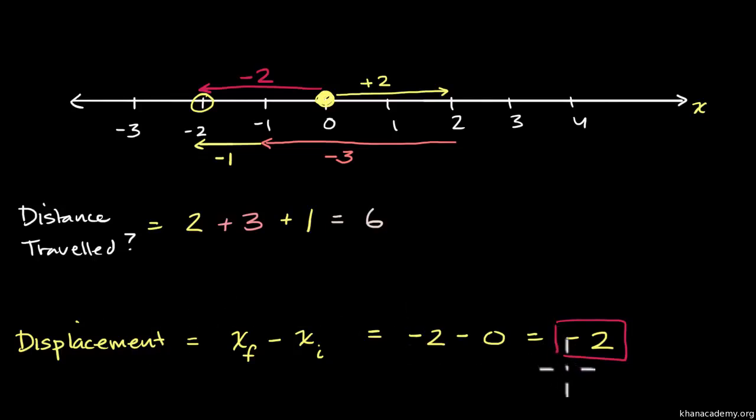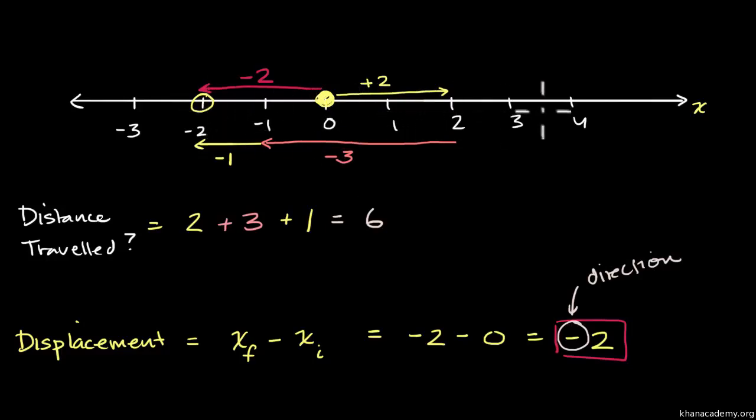Now, displacement, we care not just about the magnitude, we care about the magnitude and the direction. So you might be saying, well, where is the direction specified if I just say -2? Well, the sign in a one-dimensional case is giving us our direction. I started off implicitly with this notion that negative is to the left and positive is to the right.